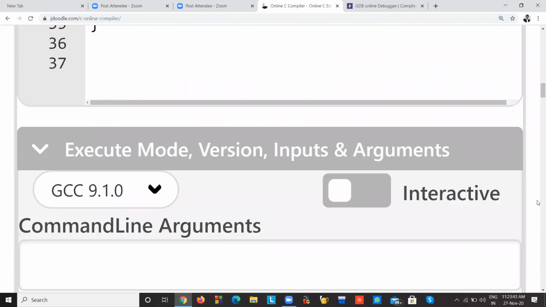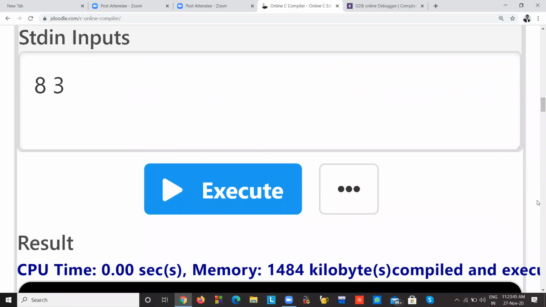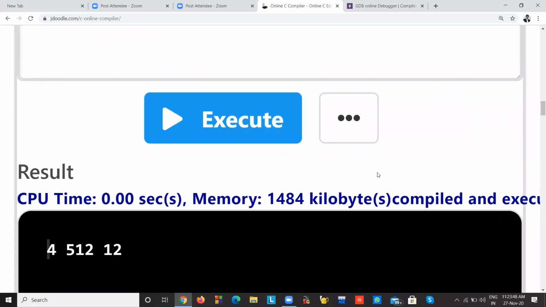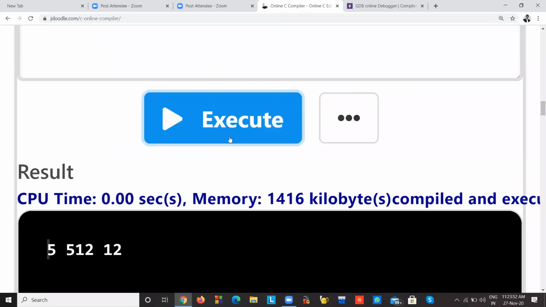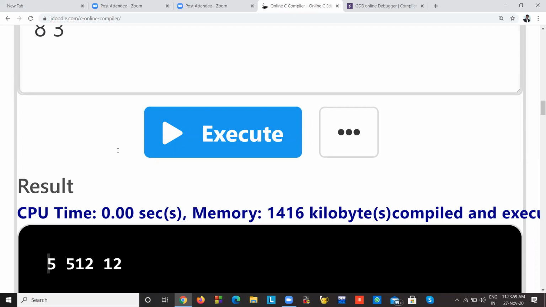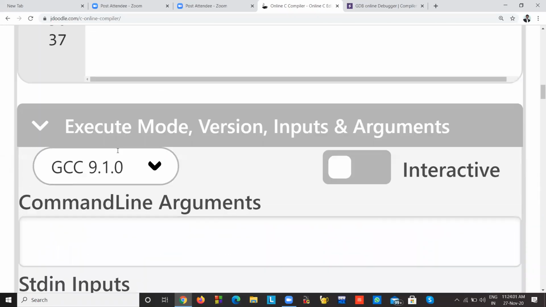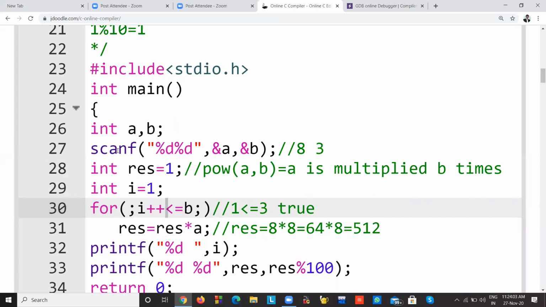Now just see what you are expecting for 8 and 3. You are expecting 4, 5, 12 and 12. Okay, it is 5, 5, 12 and 12. So మనకు కావాల్సిన ఆన్సర్ అయితే వస్తుంది కదా. ఓకే, I వాల్యూ మాత్రం ఒకటి ఎక్కువ వచ్చింది, ఎందుకు వచ్చింది అనేది నేను ఎక్స్ప్లెయిన్ చేస్తాను.